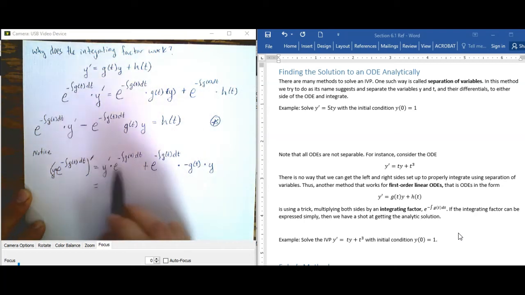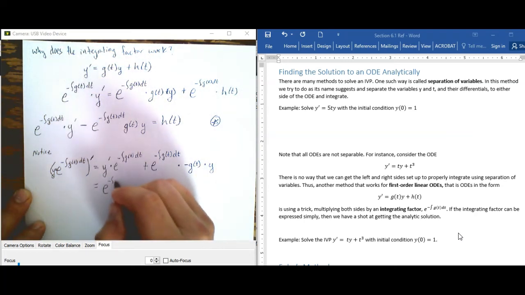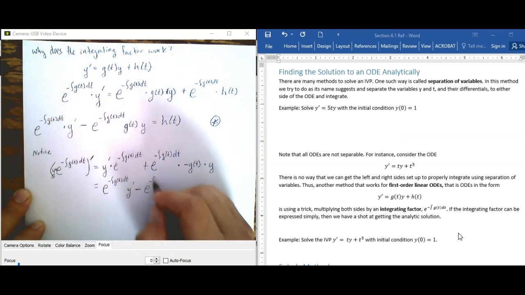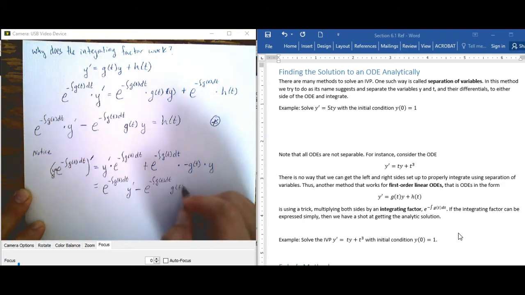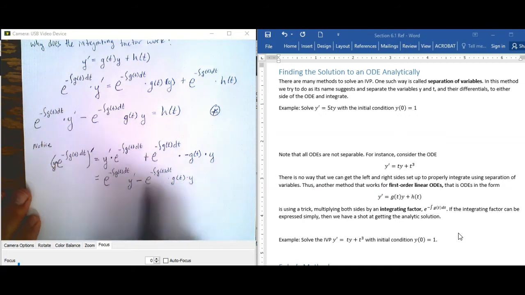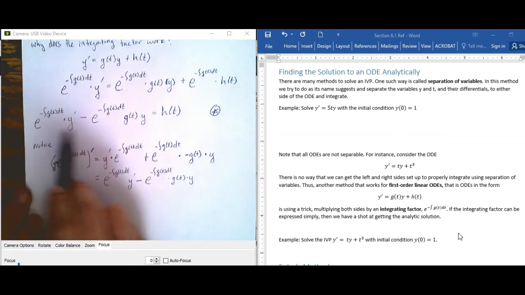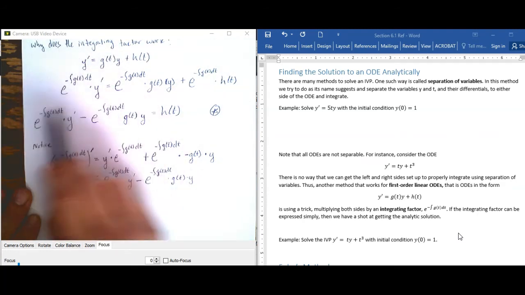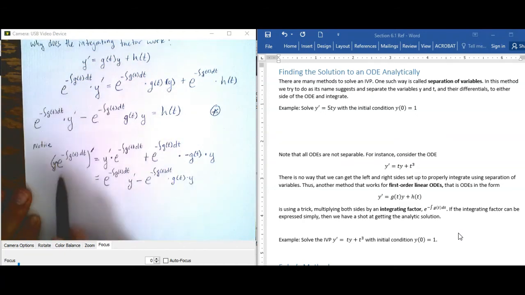If we simplify this a little bit, we'll get e to the negative integral of g of t dt, y prime, minus e to the negative integral g of t dt g of t y. Right? So notice that this is the left-hand side of our star here. So actually we can rewrite the left-hand side of star like this.